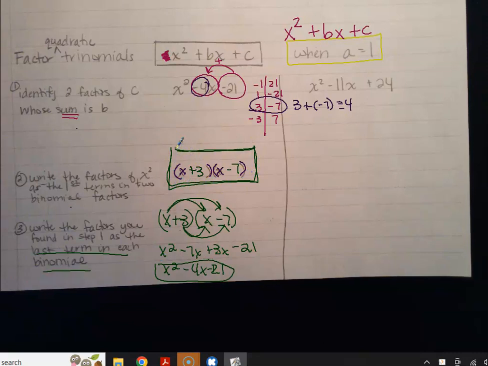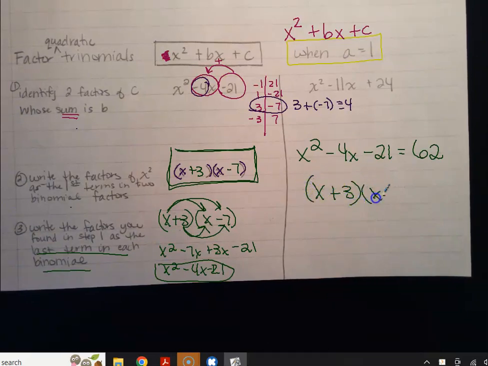Okay, because eventually we're going to get to solving a quadratic equation. So we're going to have this x squared minus 4x minus 21 equals 62. And you have to be able to solve so we can get it into this form of like x plus 3 times the quantity x minus 7 equals 62.